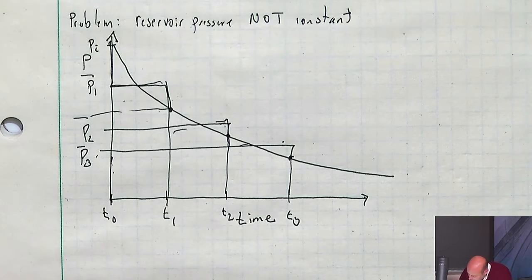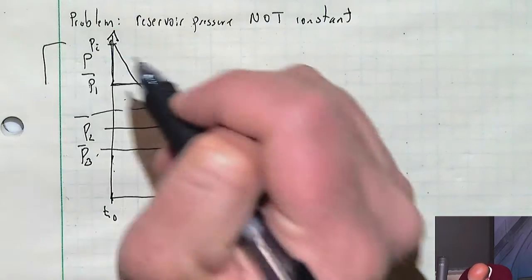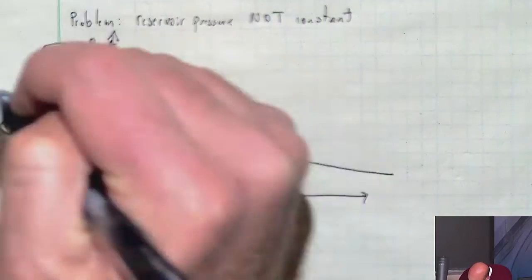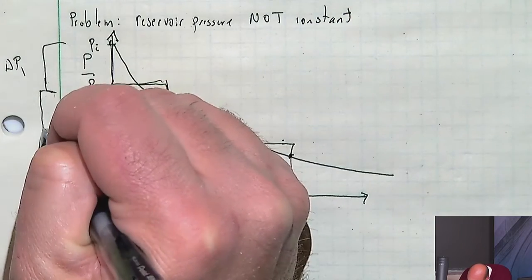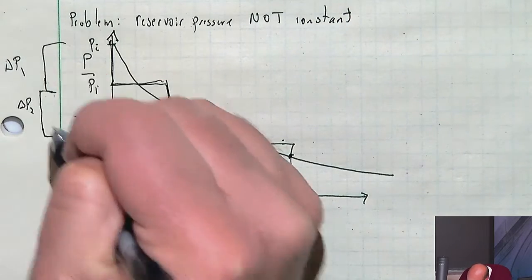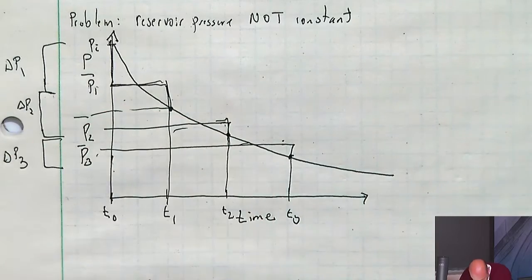And so in this region, what I'm going to do is make this right here from PI to P1 bar, I'll call this delta P1. And then from P1 bar to P2 bar, there'll be a delta P2, and then from P2 bar to P3 bar, there'll be a delta P3.